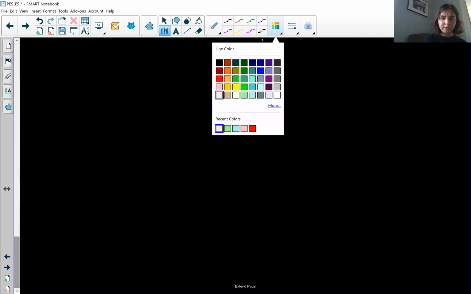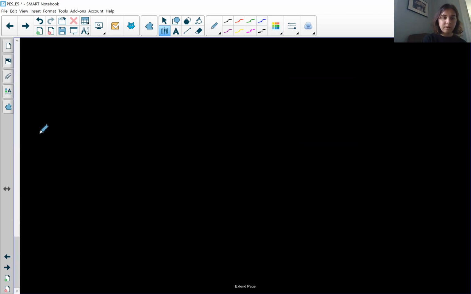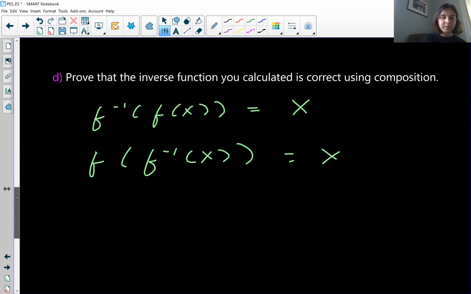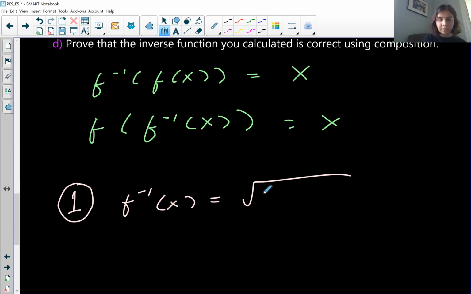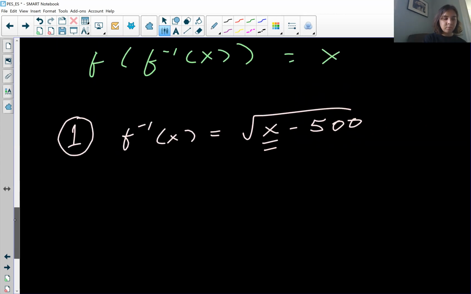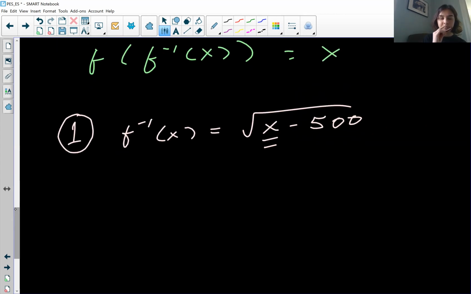So starting with that first one there, wow, losing it. There we go. So our inverse was equal to square root of x minus 500. For x, we're going to plug in the original function, which was x squared plus 500.